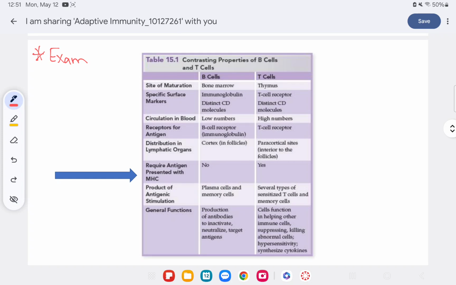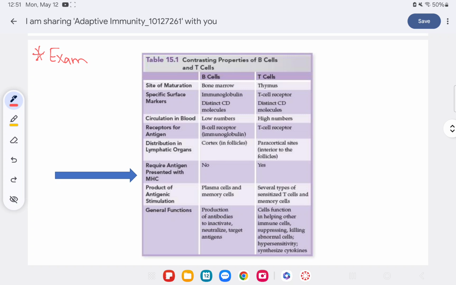Egested, right? All those little bits. B cells can respond to all those little bits. They don't need to have something shown to them. They can respond on their own. That's a big difference. So B cells will end up making antibody.